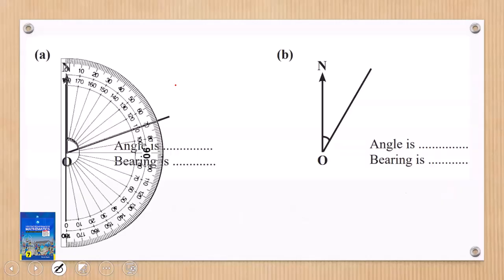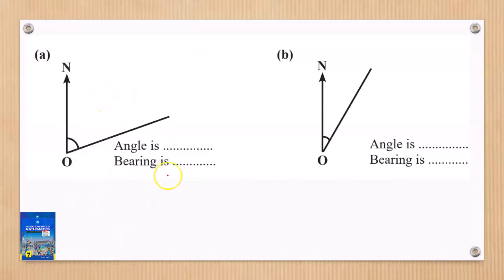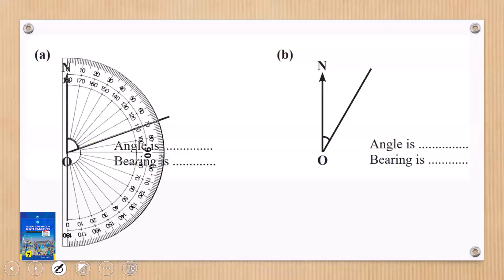Right, now let's take an example. Let's have this particular diagram, and we want to find the angle between these two lines. That is the first thing. Then we find the bearing. So we will measure with our protractor, and I'm sure you know how to measure with a protractor.